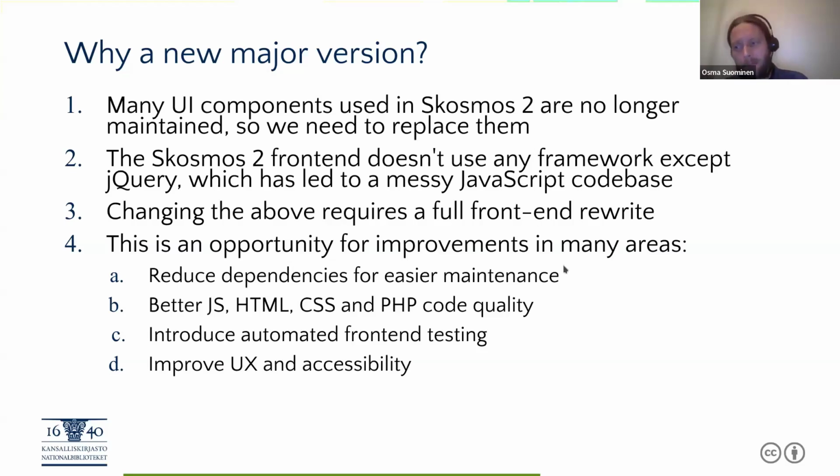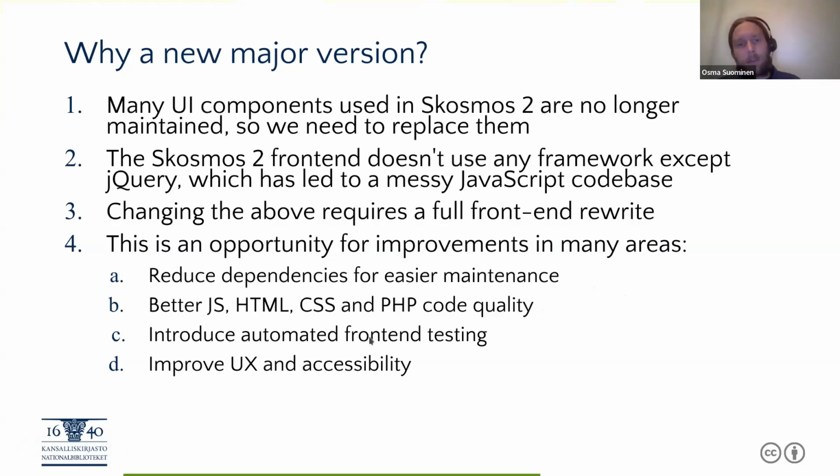And of course, if we are going to do that, then it makes sense to also think about other things that could be improved. And we figured out that, for example, we want to reduce the dependencies. We don't want to depend on that many libraries because of the obvious risks of them being abandoned or other problems. And then if we do a rewrite, we can improve the code quality, for example, by adopting new tools and processes to better control the quality.